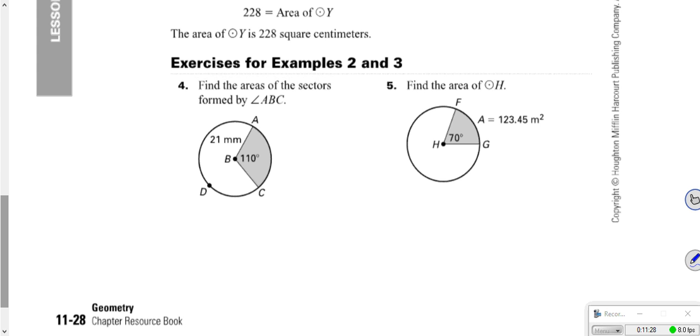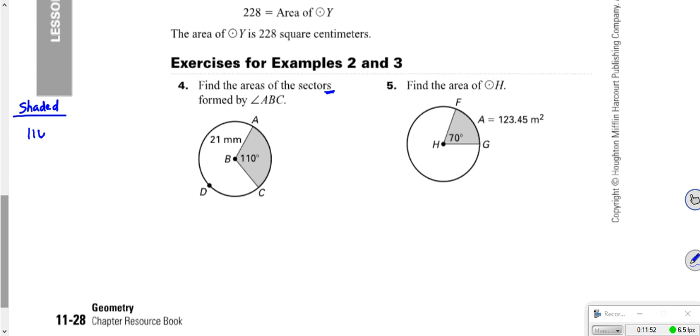Okay, kind of want to point out the S here, sectors formed by angle ABC. First of all, let's do shaded and then unshaded. So let me talk shaded area first. Area of a sector equals the measure of that arc, or the measure of that central angle, over 360.